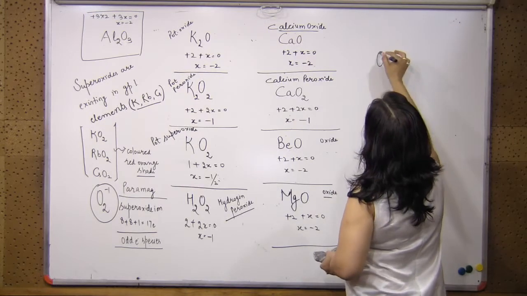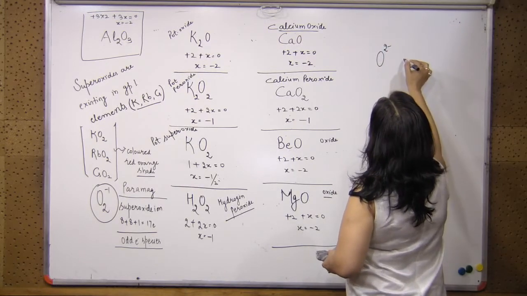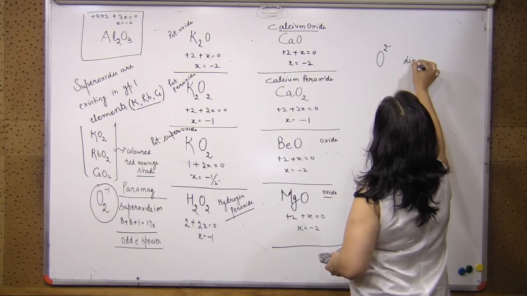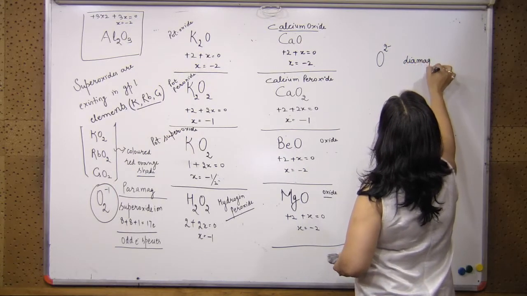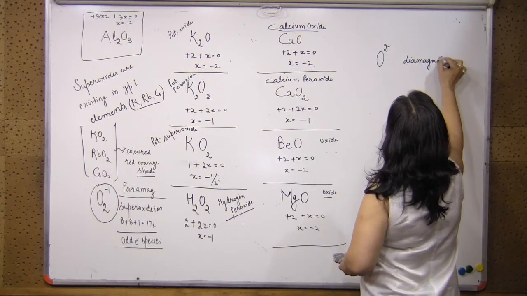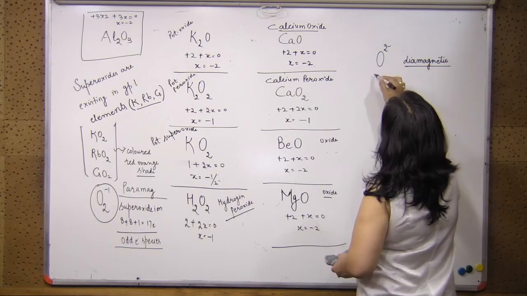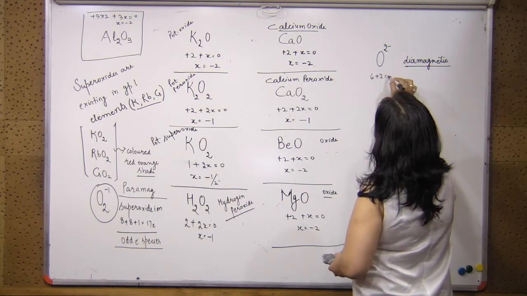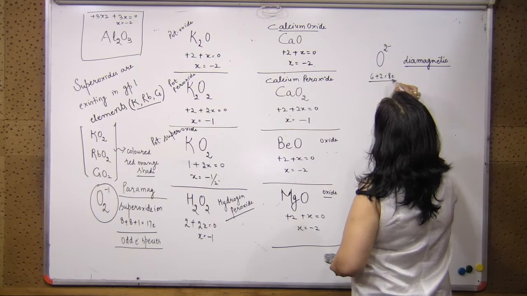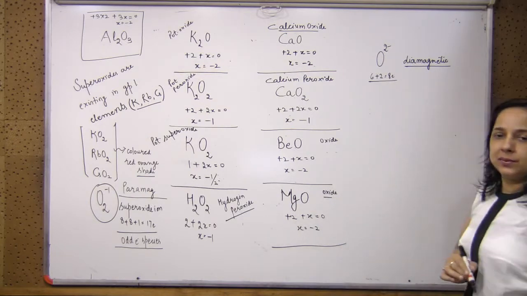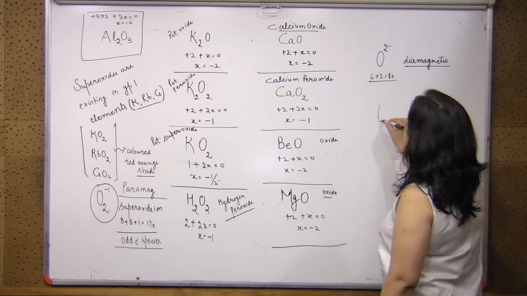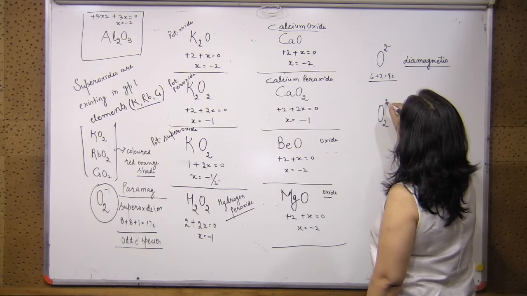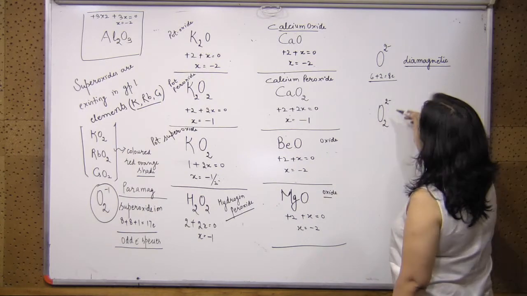When we write oxide, it is going to be a diamagnetic ion. Oxide ion is diamagnetic. 6 plus 2, 8 electrons. It's a diamagnetic species. When we write O2 2 negative, it is peroxide.